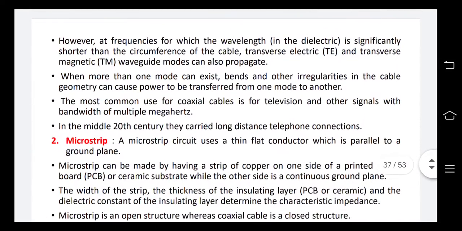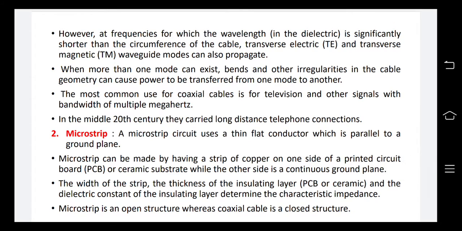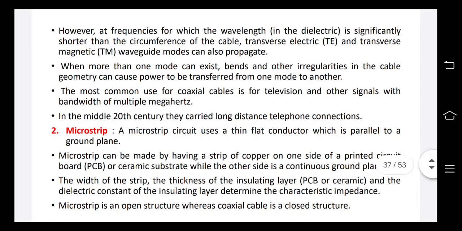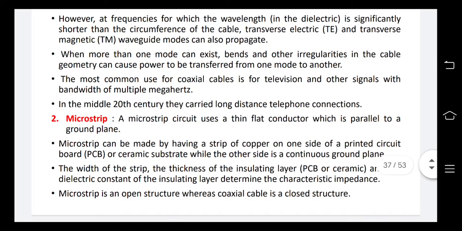However, at frequencies for which the wavelength is significantly shorter than the circumference of the cable, the transverse electric and transverse magnetic waveguide modes can also propagate. When more than one mode can exist, the bends and other irregularities in the cable geometry can cause the power to be transferred from one mode to another.